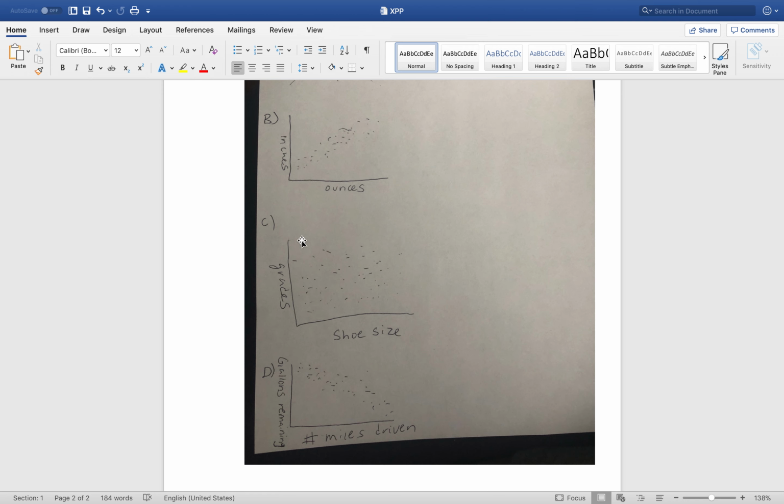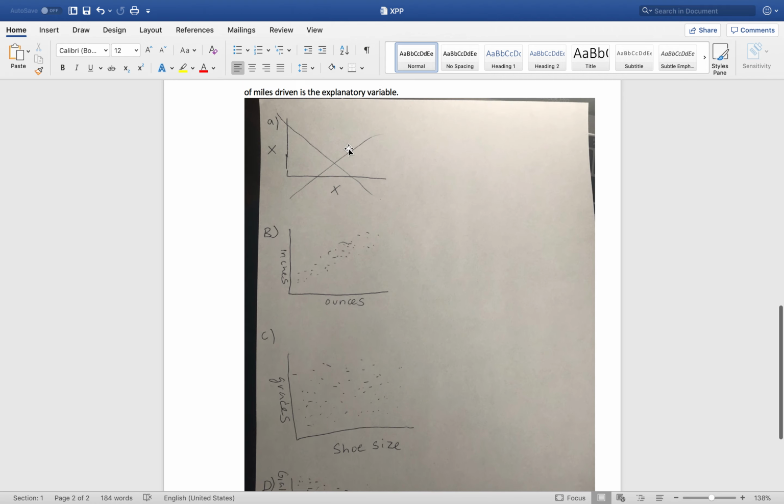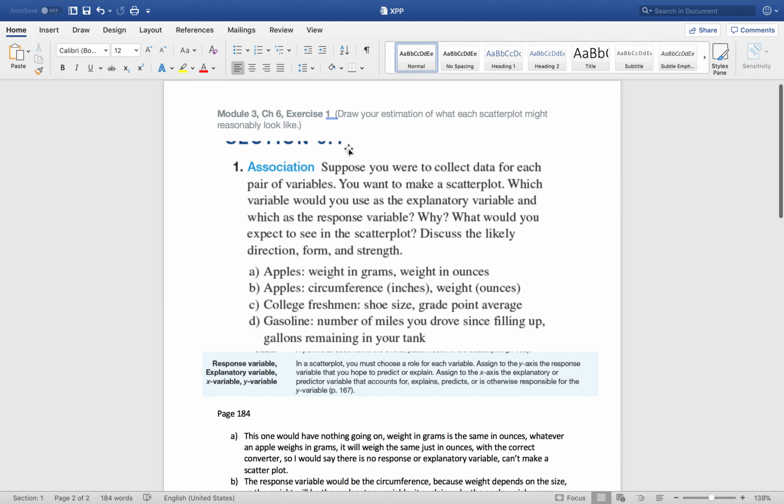That's why it's different than B: in B, the bigger the apple, the more it's going to weigh. So it all just depends. You have to read the context of what you are given. Always remember that the explanatory variable is the predictor, the explainer; it accounts for and explains the response, the y variable.